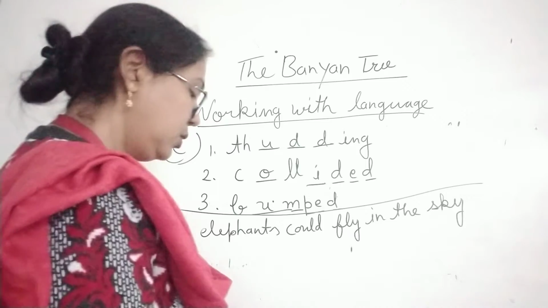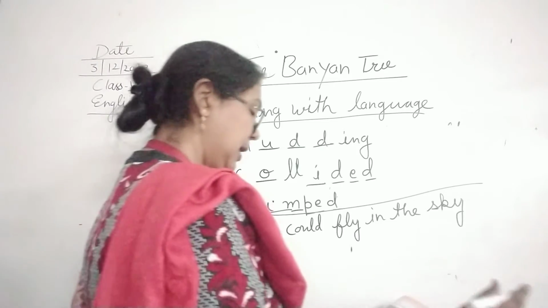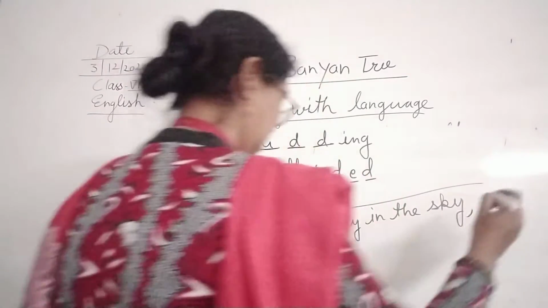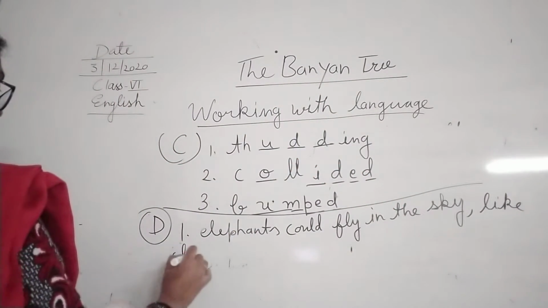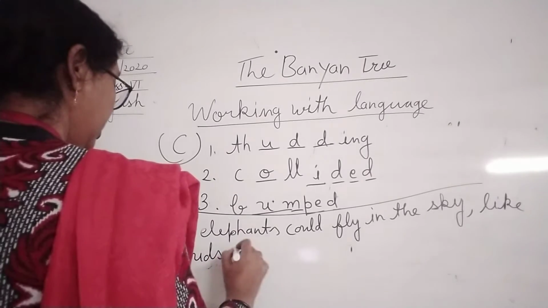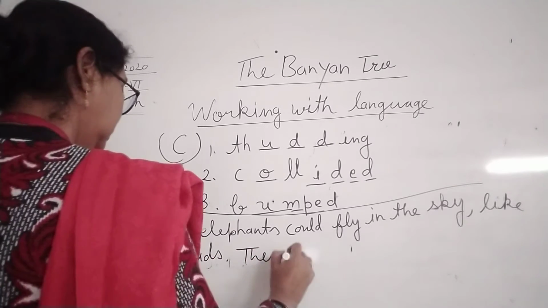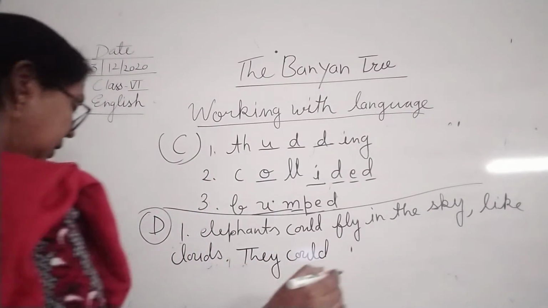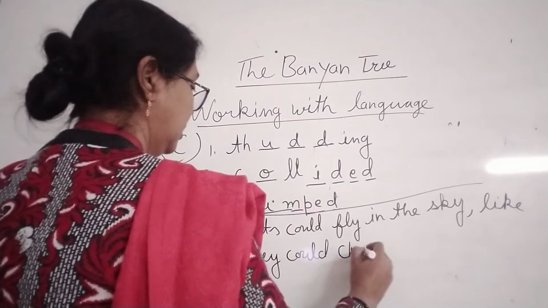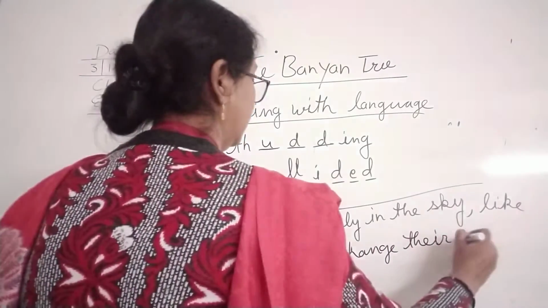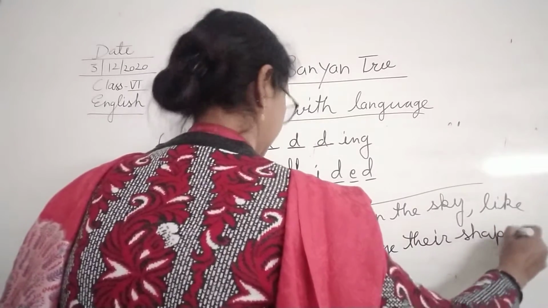So elephants could fly in the sky like clouds. They could, I replaced here, were able to change their shapes.